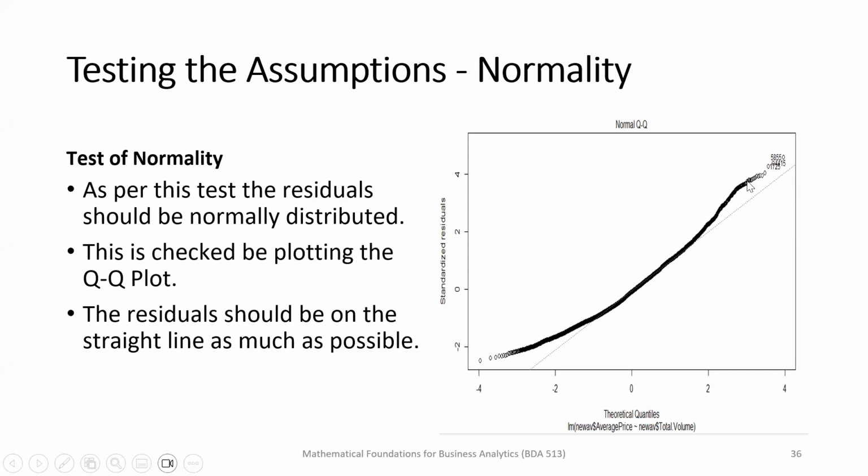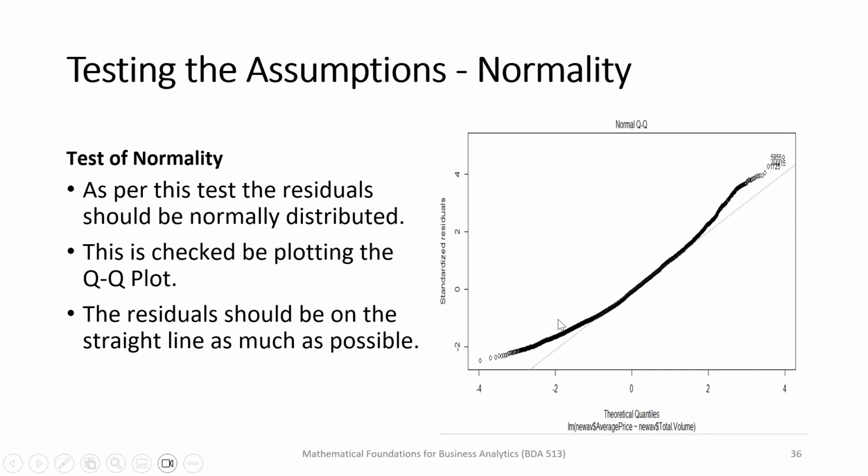The black ones you see are like data points, and they should fall on this diagonal line. If they are very close to the diagonal line, then it means that your data is normally distributed. Here you can see that most of the data points are on the diagonal line, so you can say that your data is fairly normal.